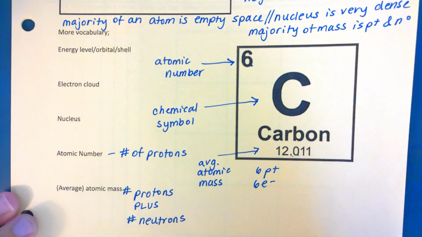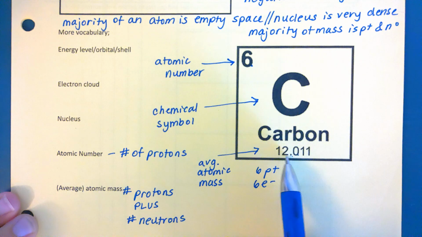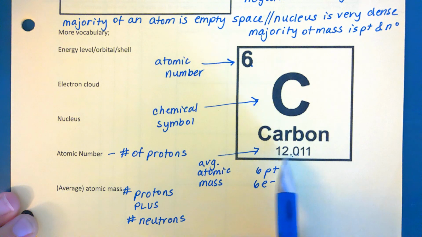We're going to use basic rounding rules. So the number after the decimal, if it's a 4 or below, we're going to round down, or basically keep that number the same. If this is a 5 or higher, we will round it up. So 12.0, we would round to 12, or just keep it at that whole number.